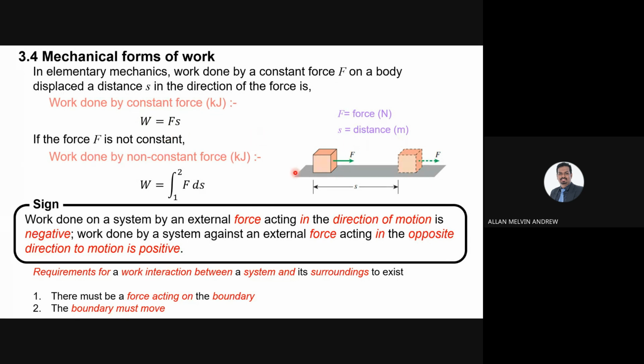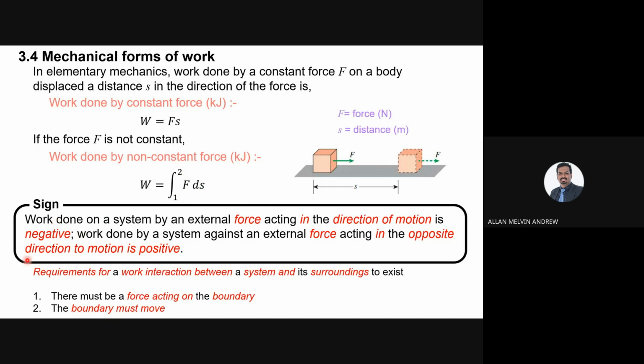Meaning in a mechanical form of work, force must be applied on something, and because of the force it must move a distance. Distance covered is s. If the force F is not constant, then you take the integral over the various parts of the movement.